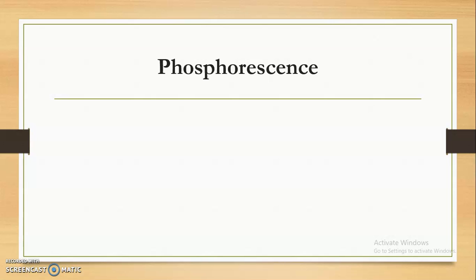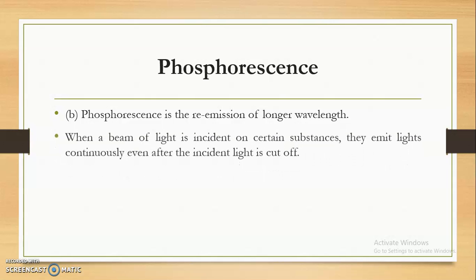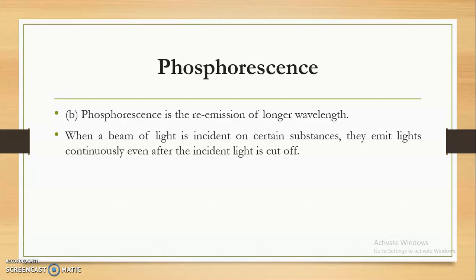Then the next technique is phosphorescence. Phosphorescence is also a re-emission of longer wavelength. When a beam of light is incident on certain substances, they continue to emit light even after the incident light is cut off. So this is the basic difference between phosphorescence and fluorescence.